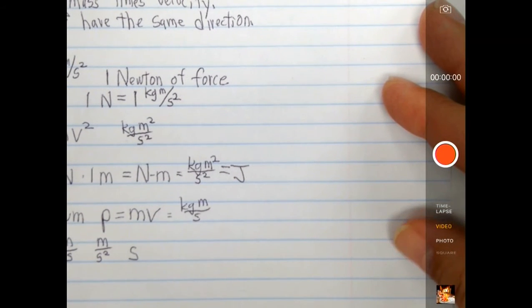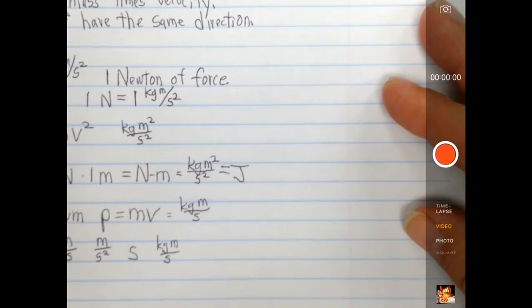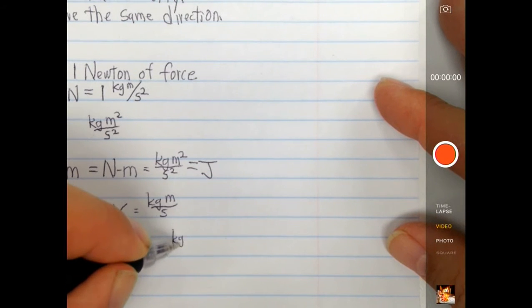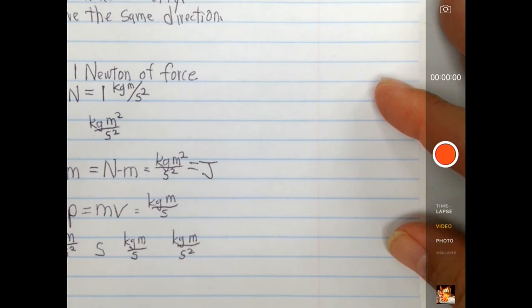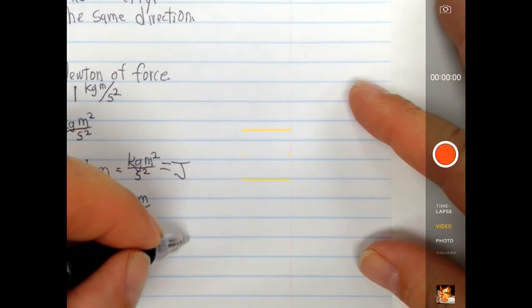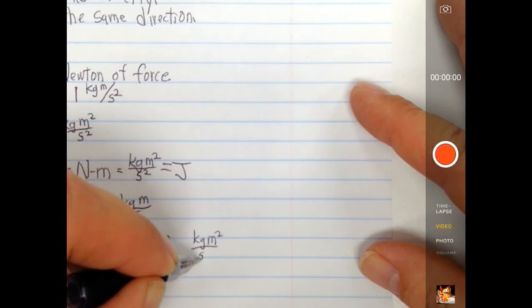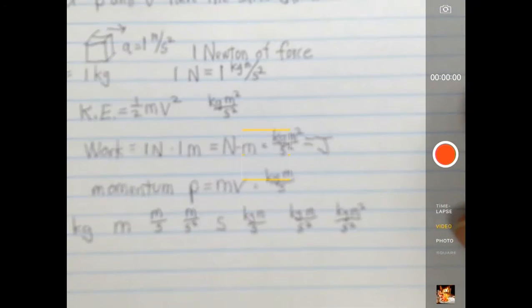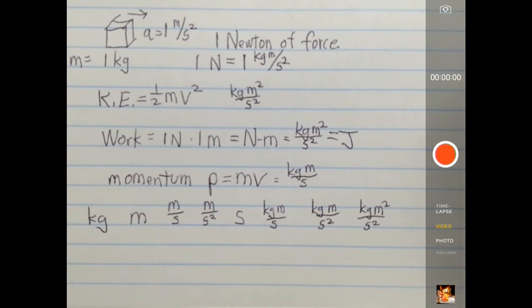One variable has the units of kilogram meters per second. One variable has the units of kilograms meters per second squared. And one variable has the units of kilograms meters squared per second squared. How about that list? All right.